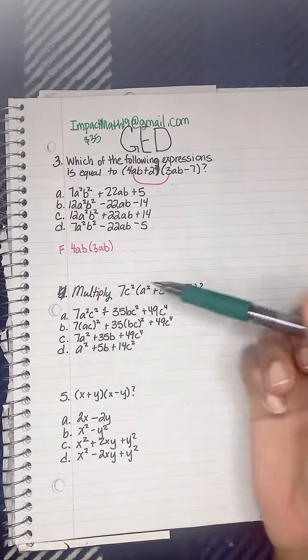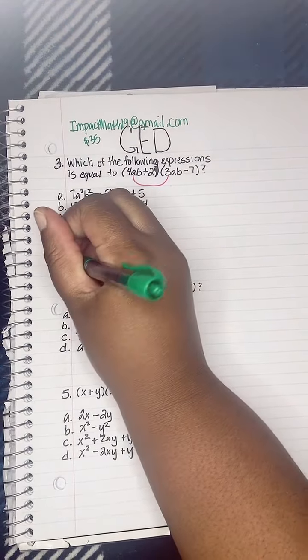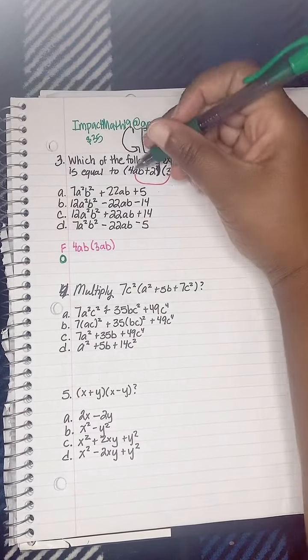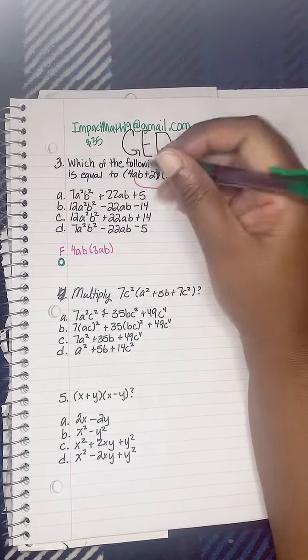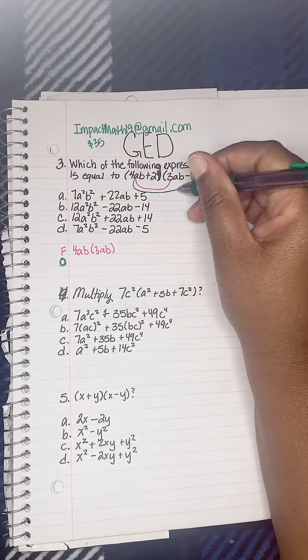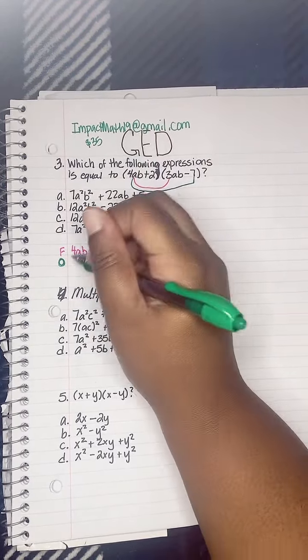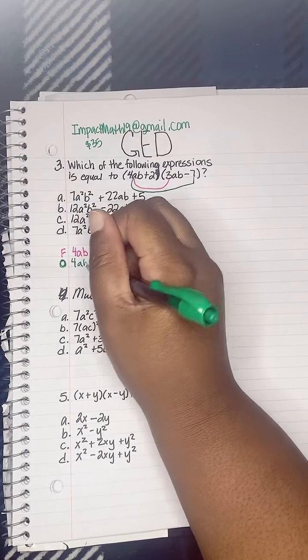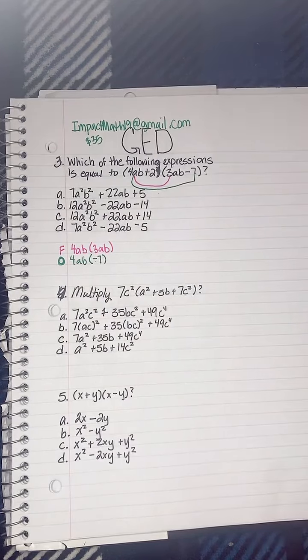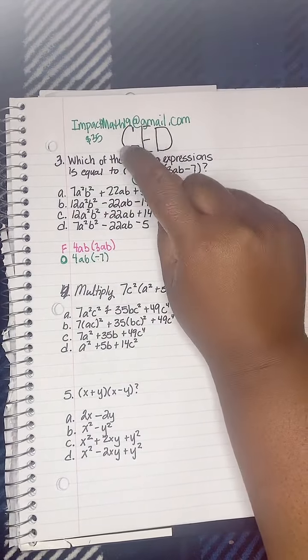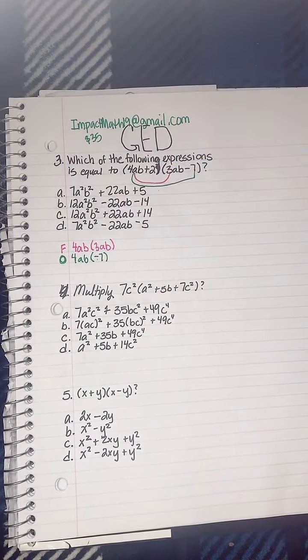So first outer, our outer is going to come from, this is the most to the left and this is most to the right. So we're going to go here, then here. So we're going to do that by doing 4AB times -7. So first, outer, inner is next, okay?